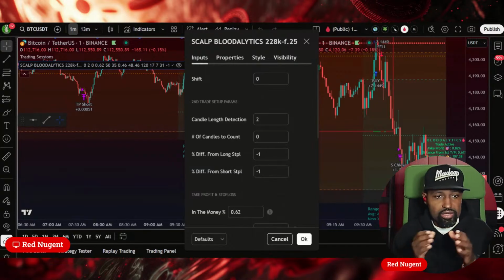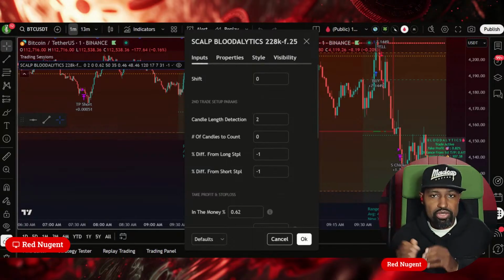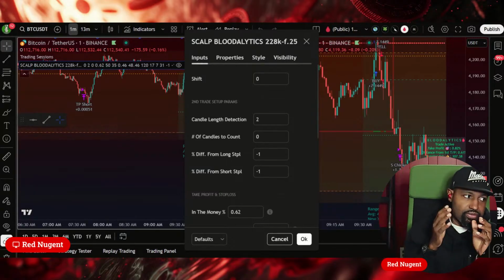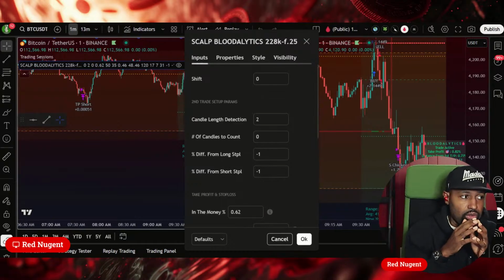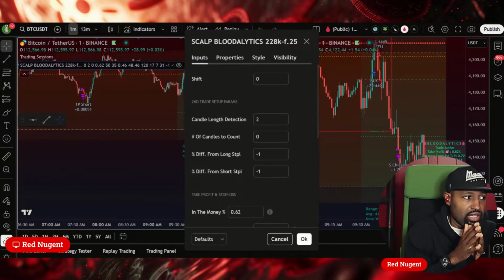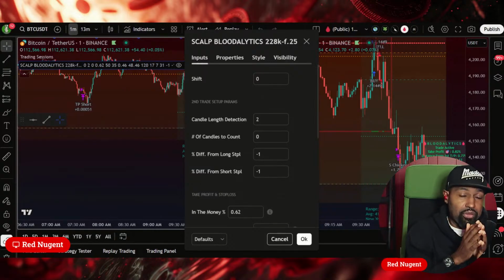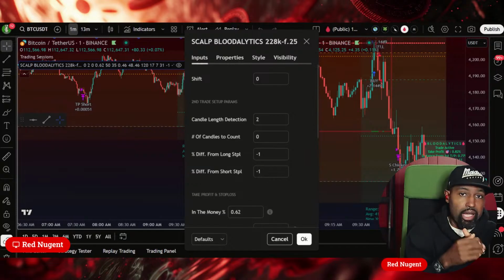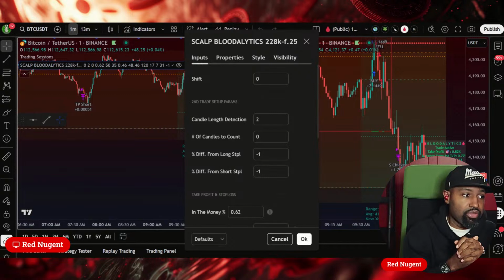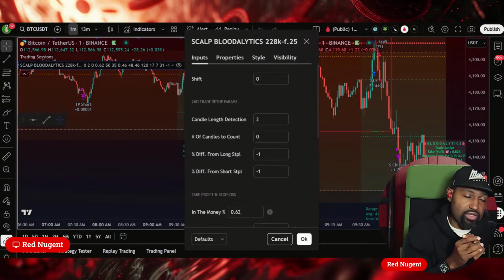Every pair is tailored to that particular pair. So if you want the exact same script or strategy signal that you have on the link that you got when signing up for Scalpalytics, make sure you copy the parameters from there.